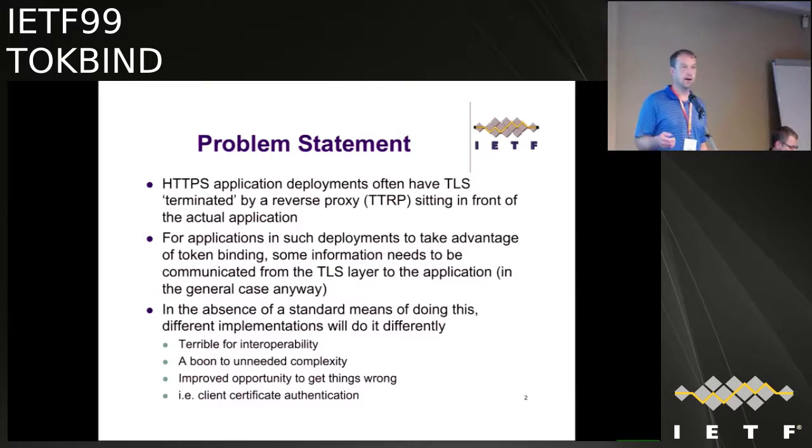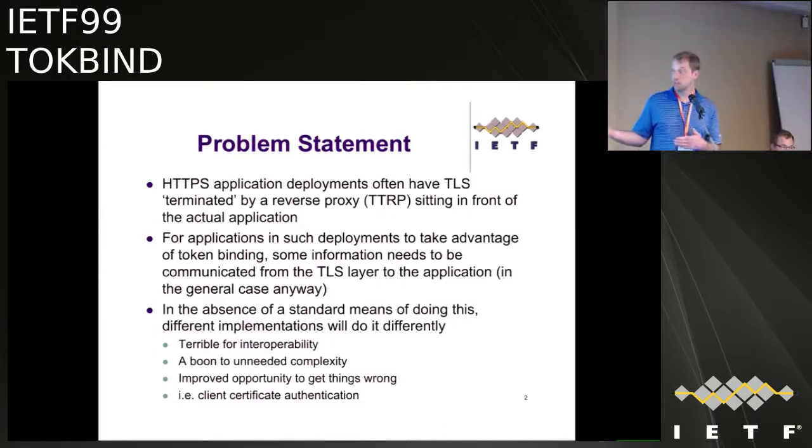And for token binding to actually work, at least in the general case of allowing that application to bind against the token binding IDs, some kind of information needs to be communicated from the TLS layer at the terminator back to the application. Without some standard means of doing this, everybody's going to do it differently, and that's exactly what I'm trying to avoid, because there are all kinds of problems with everybody doing the same thing in different ways.